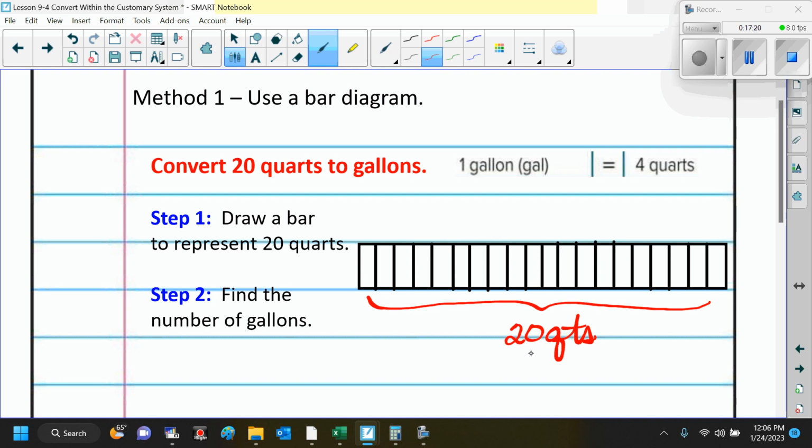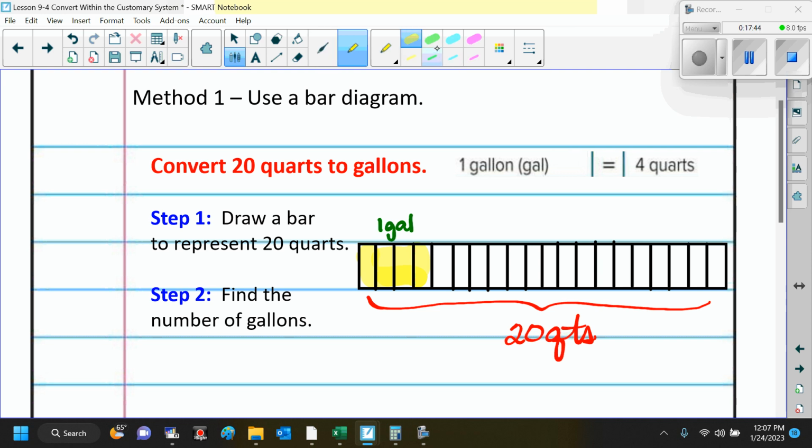Okay? Now, then we want to find the number of gallons. So, my conversion is what? 1 gallon is equal to 4 quarts. So, in my diagram, if I shade 4 of those, what's that equal to? 1 gallon. Is everybody with me?